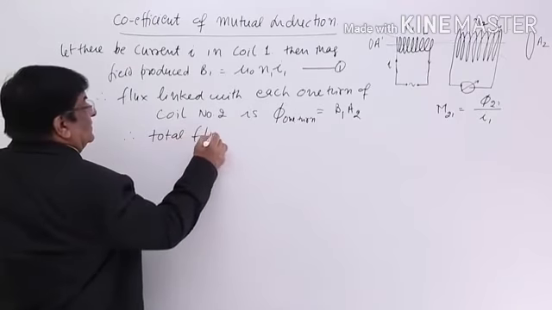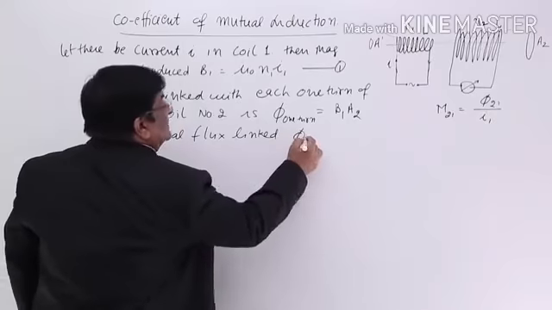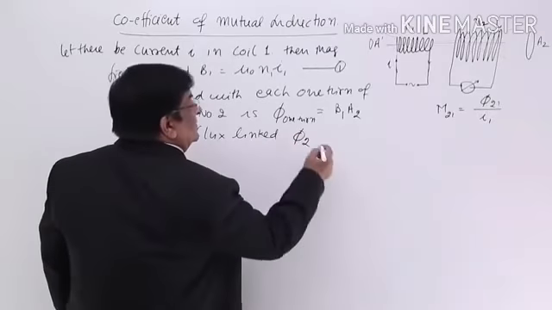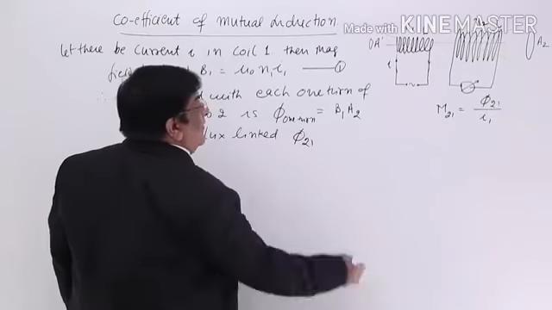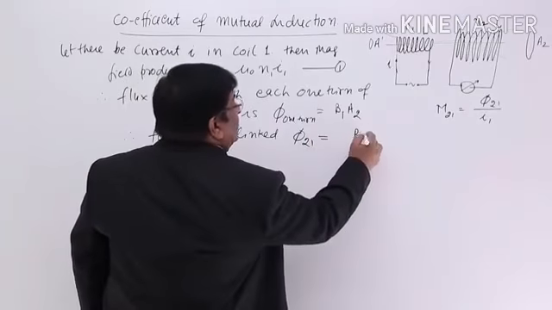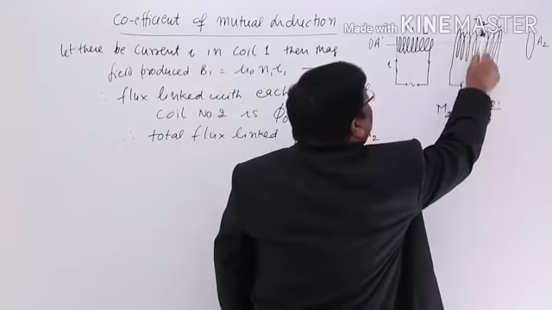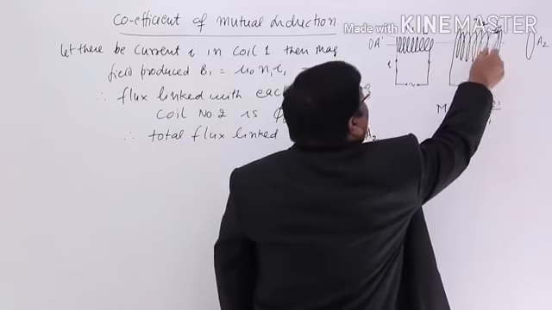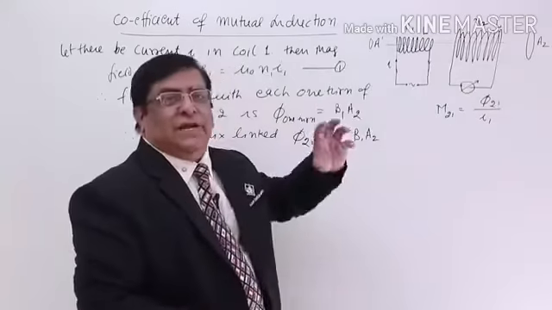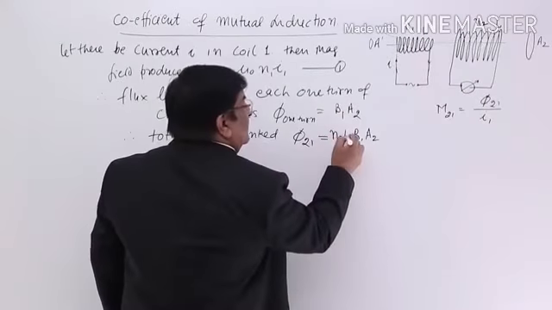Then the total flux linked with coil number 2 due to current in coil number 1 is B1 A2, and this is to be multiplied by the total number of turns. How many are the total number of turns here? In 1 meter there are N2 turns, and in L meters there will be N2 into L turns, that will be the total turns. So I write here N2L.